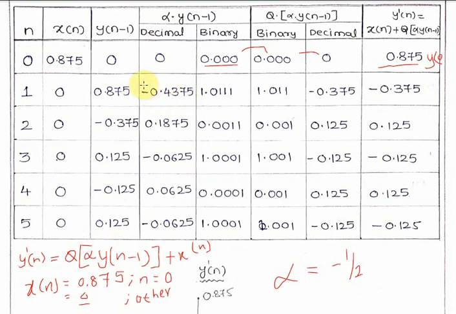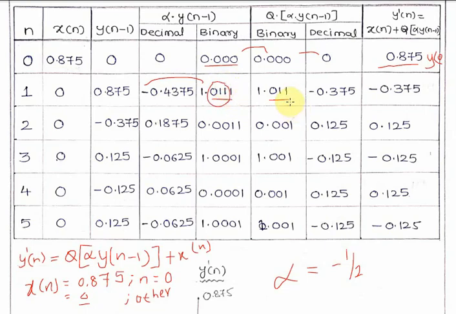This minus is represented as sign bit 1, and 0.4375 is represented as 0.0111. Now quantize this binary number to 3 bits, 011.